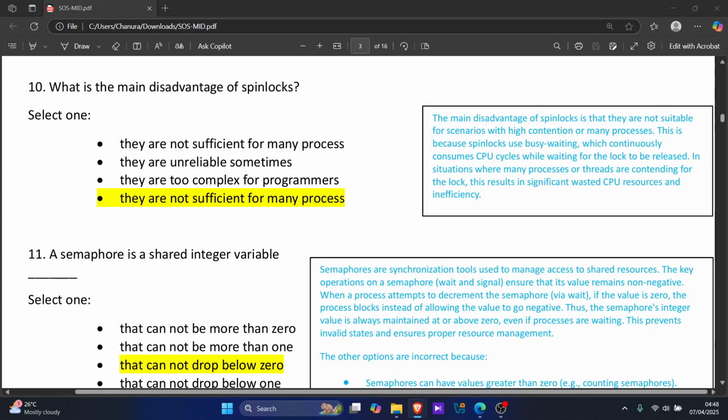Spin locks aren't inherently unreliable if used correctly, and their complexity depends on the implementation, but they're generally considered simple in concept, though tricky to implement correctly in practice. However, the main disadvantage is about their efficiency in high contention scenarios. So the correct answer should be the first option about not being sufficient for many processes.